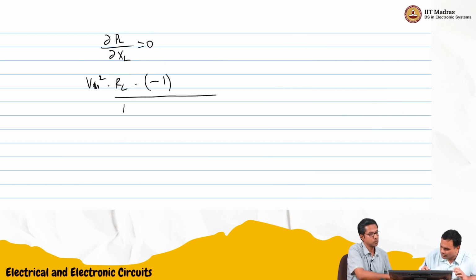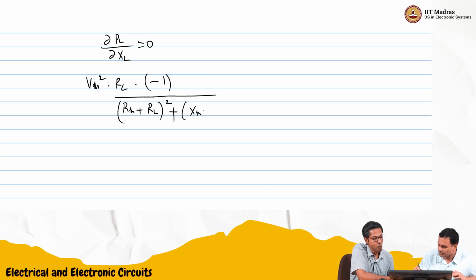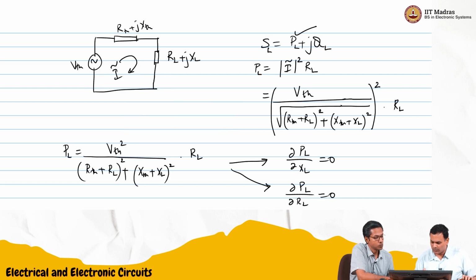The denominator is (RTH plus RL) the whole squared plus (XTH plus XL) the whole squared, the whole thing squared. So it's like a 1 over something function: minus 1 over the denominator squared times the derivative of the denominator.